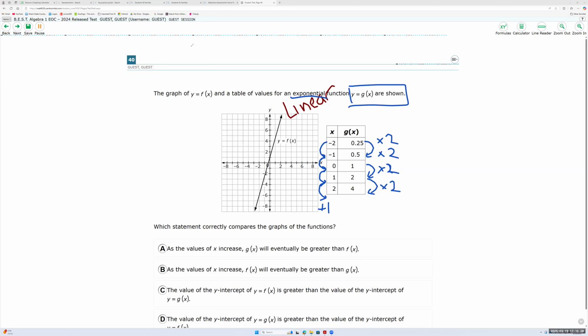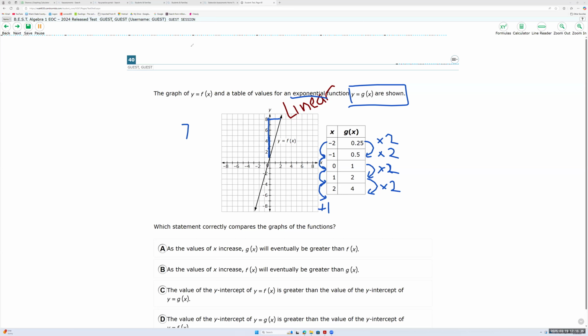Exponential and linear. So whenever you have a linear and exponential function, here you're adding. In this particular case, you're adding 1, 2, 3, from 1 to 8, is 7 over 2.